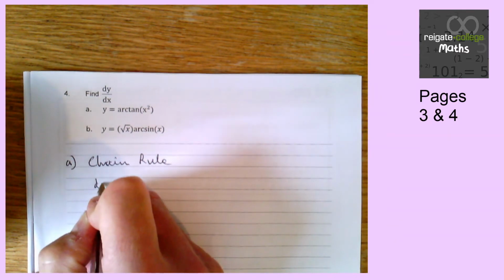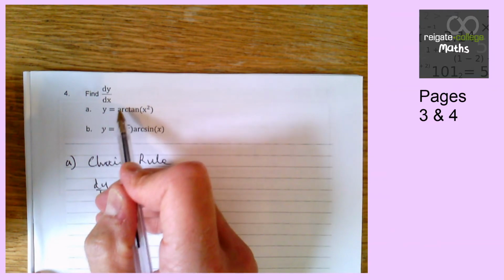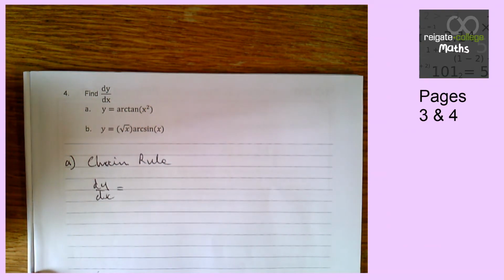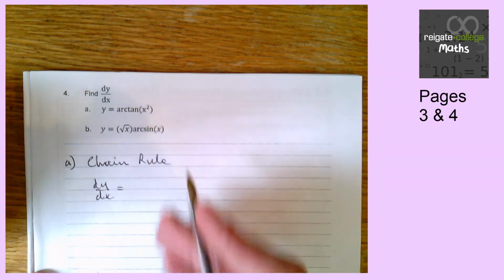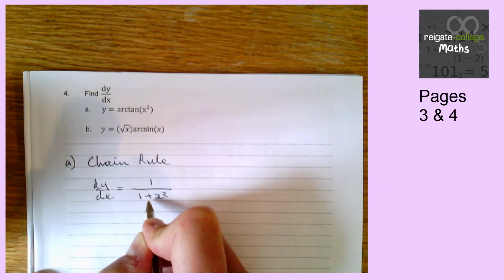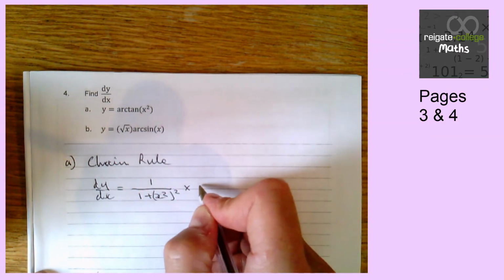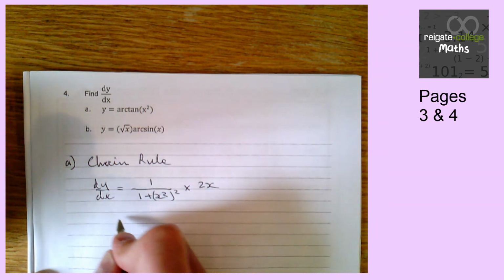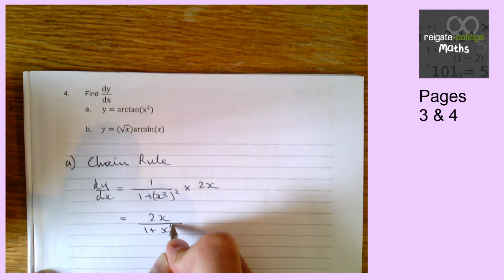So we're going to say dy by dx is equal to, well, we're going to differentiate the outer function. So remember that to differentiate the outer function, we had dy by dx is 1 over 1 plus x squared. Here we haven't got x, we've got x squared. So we've got 1 over 1 plus x squared, and that x squared is squared, times differentiate the inner function, that's 2x, and that's equal to 2x over 1 plus x to the power of 4.